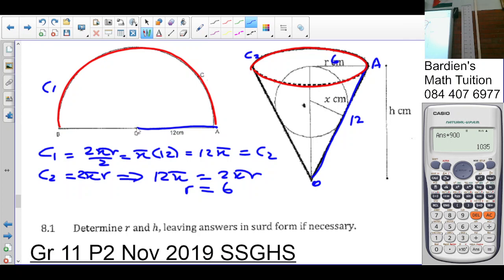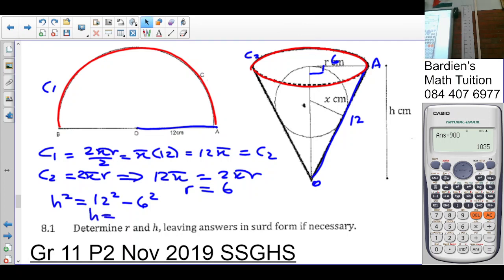Okay. So now to calculate your height, as you can see, it's going to be a right angle triangle. So I can apply the theorem of Pythagoras. So your h squared is equal to 12 squared minus 6 squared. Which now gives our h value to be the square root of 12 squared minus 6 squared, which is 6 root 3.